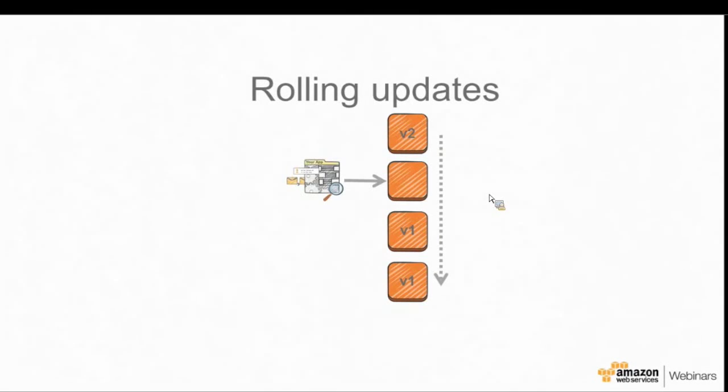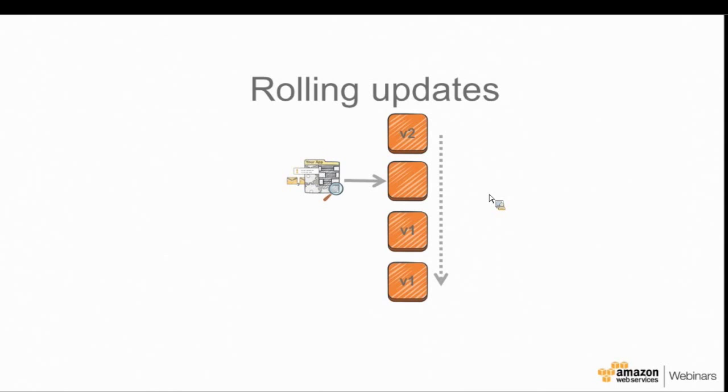Rolling updates, this is just the name that we give to this concept of fleet orchestration. So this is the ability to roll out a change incrementally in pieces rather than just blasting everything to all instances at the same time. Some of the other nice features of this is you can go to our console or you can use our command line tools or our APIs to generate your own visualizations about what's going on.